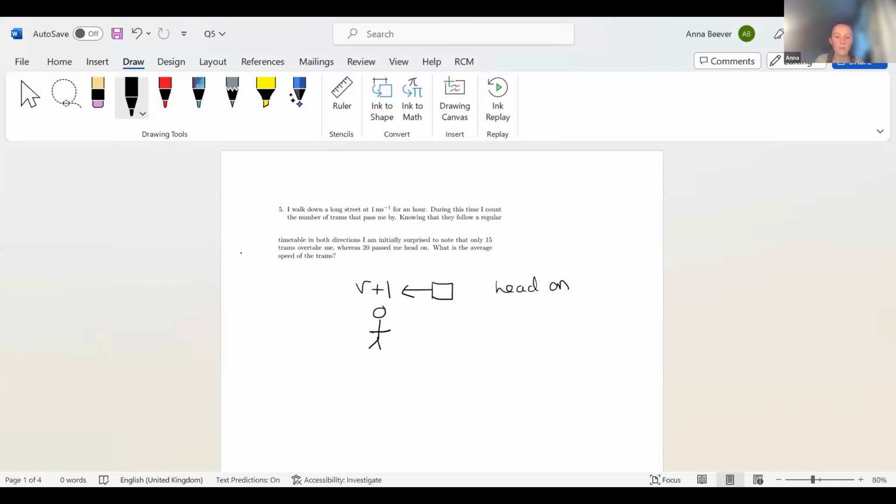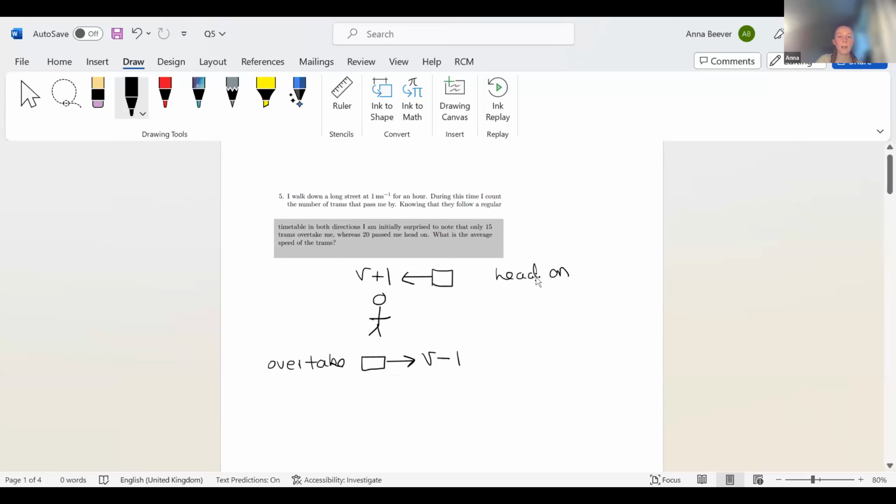And then we have the overtaking, and these are coming at you with a speed v minus 1 because you're moving away from them. So then we have to think about waves, and with waves we have this equation: speed equals frequency times wavelength.